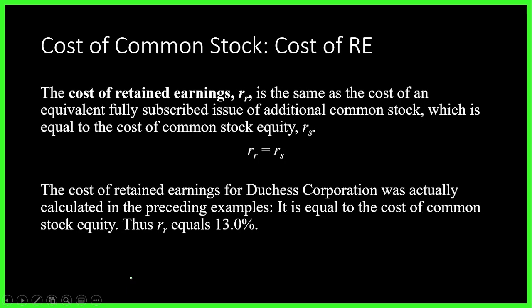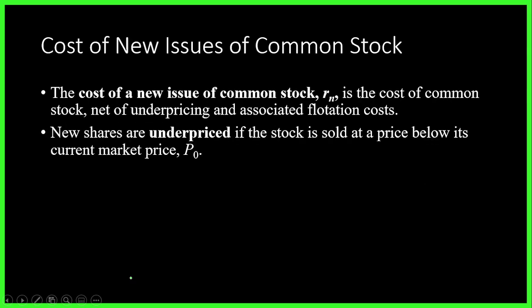Ayan, sabi dito sa slide natin, this is the same as the cost of an equivalent fully subscribed issue of additional common stock, which is equal to the common stock equity. So you have Rr is equal to Rs. The cost of retained earnings is equal to your cost of common stock. So in this case, it's also 13%.